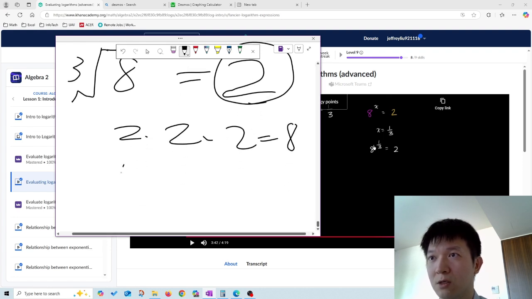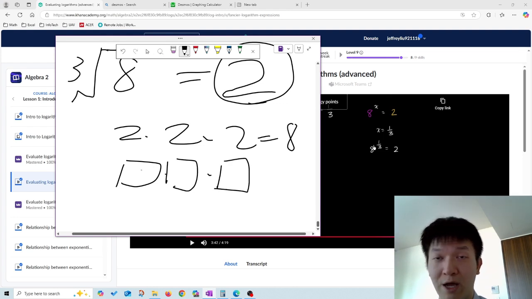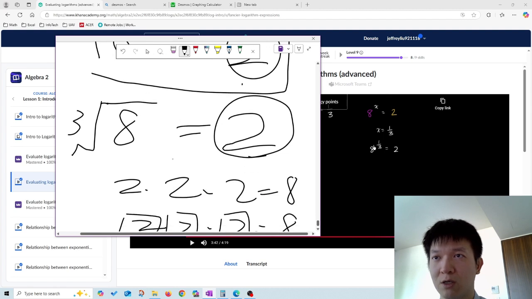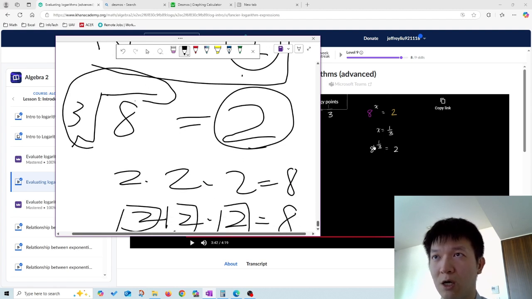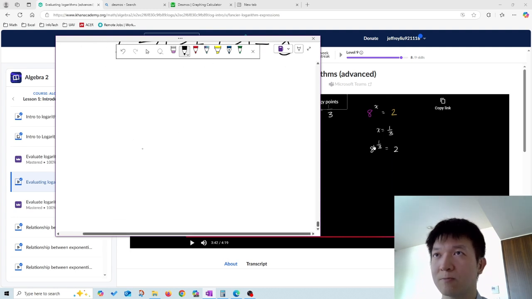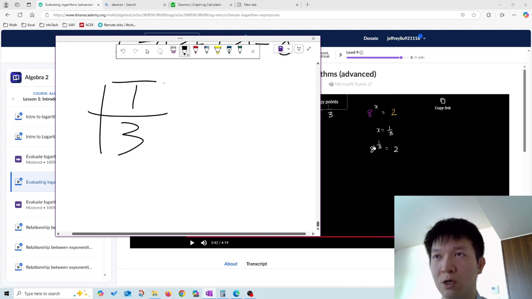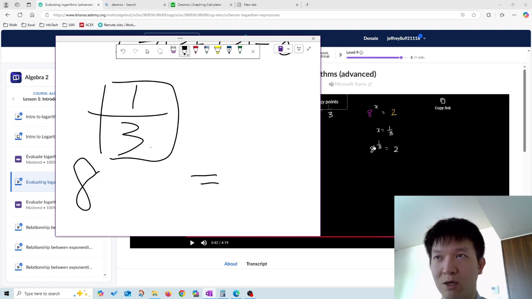Something times something times something, they have to be the same number, that equals 8. So our answer is going to be 2. This is the third root of our number 8. If you put it into exponential form, remember we're trying to get to that number; the exponent is our ultimate result.